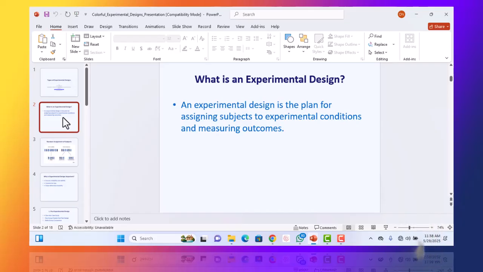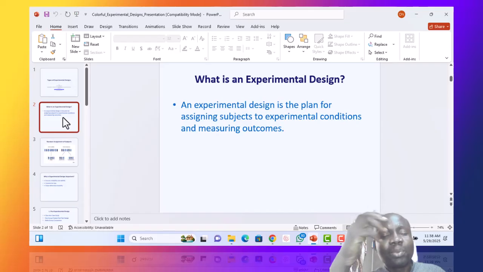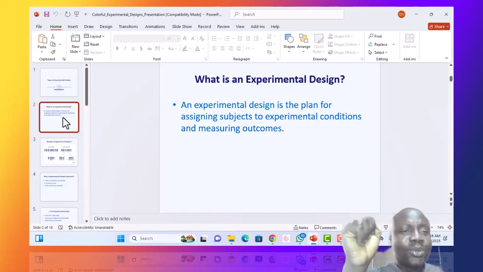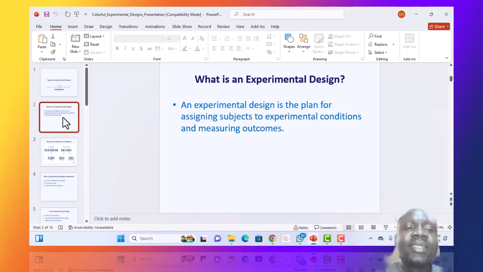In an experimental design, the planning majorly is that the subjects are assigned to treatment.